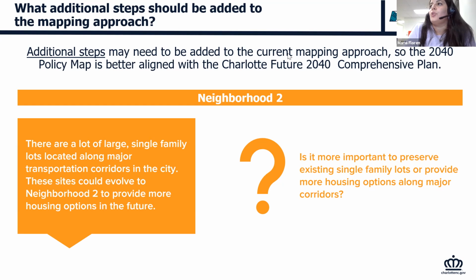So is it more important to preserve existing single family lots or provide more housing along those major thoroughfares? Well, I'm speaking for myself and I hope for most of the Mora folks, we know more density is better and are supporting that. Yeah, great.